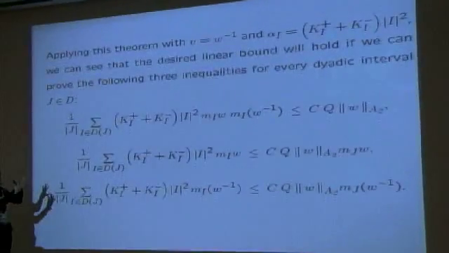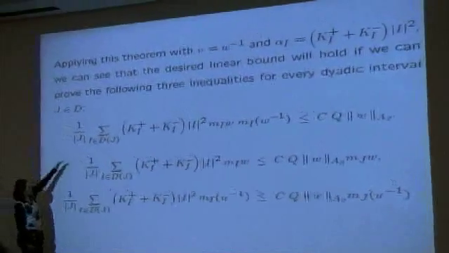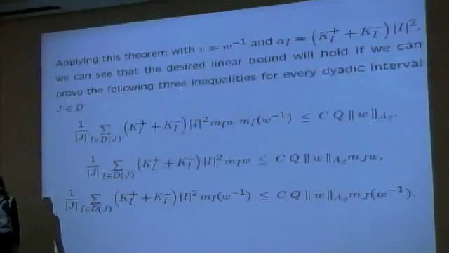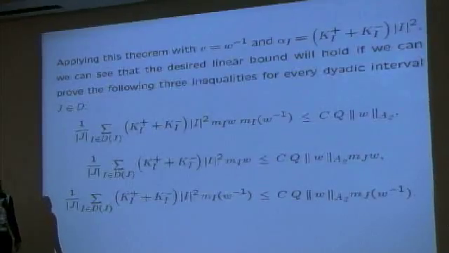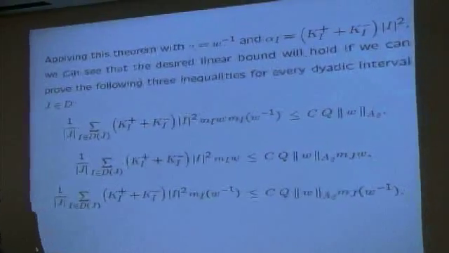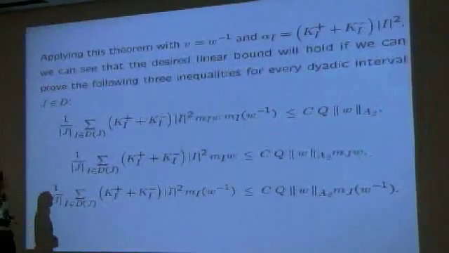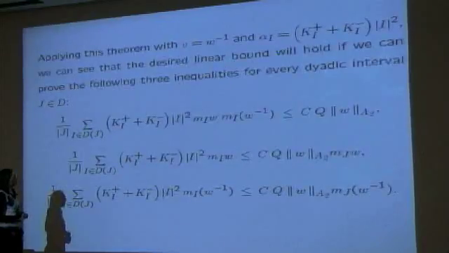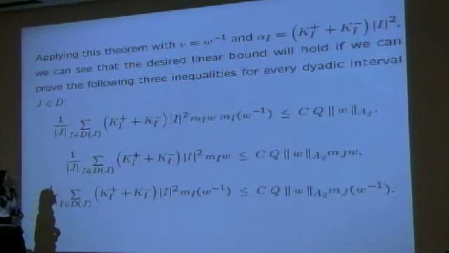And then when you put this alpha and V into the inequalities, these are the three inequalities that you need to prove in order to have the linear bound on the operator T1. Good. So let's see. The first bound is trivial. Why?